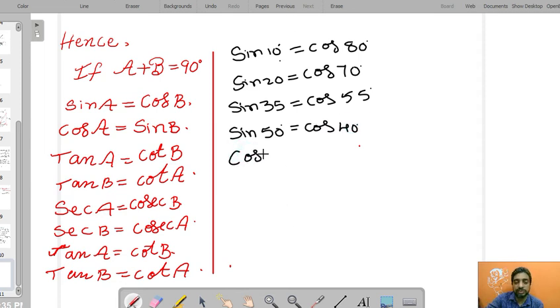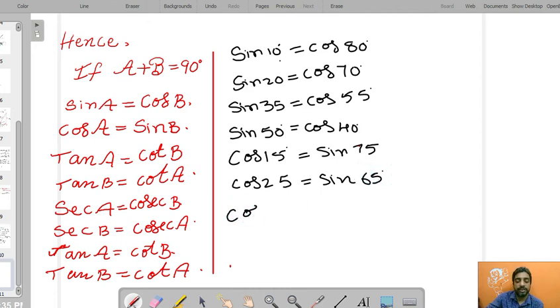Suppose cos 15 degrees. Cos 15 degrees in sine is sine of 90 minus 15, which is 75. Next up, cos 25 degrees is equal to sine of 90 minus 25. Very good. Next up, cot 60 degrees is equal to sine of 90 minus 60, 30.